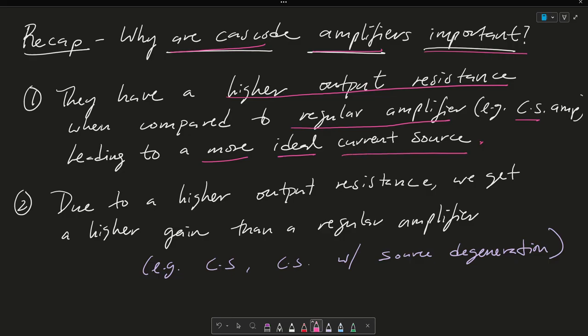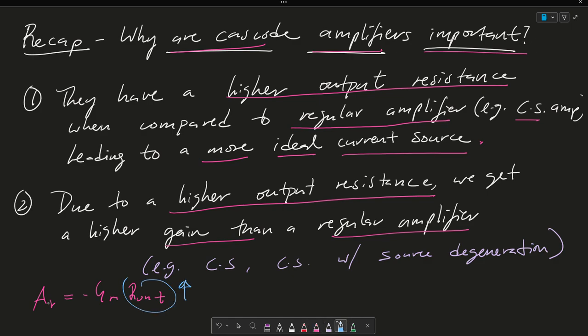And the second point is, due to a higher output resistance, we get a higher gain than a regular amplifier. So essentially, AV equals minus GM R out. So if this goes up, this also goes up. So that is the idea of the importance of the cascode amplifier, why we need it or why we use it.